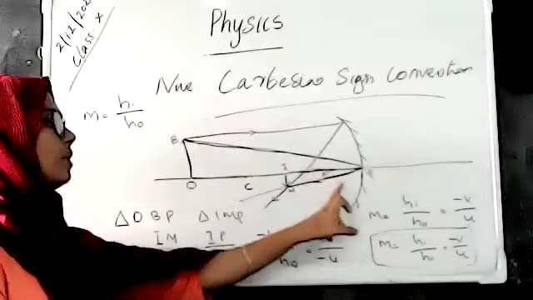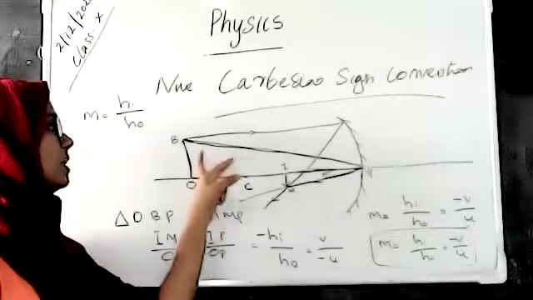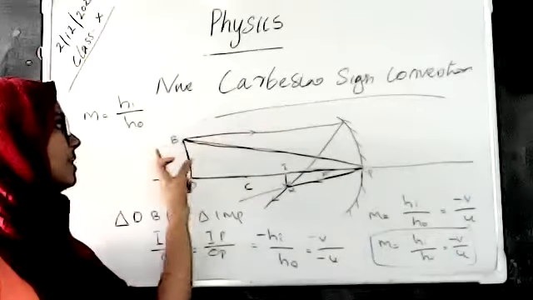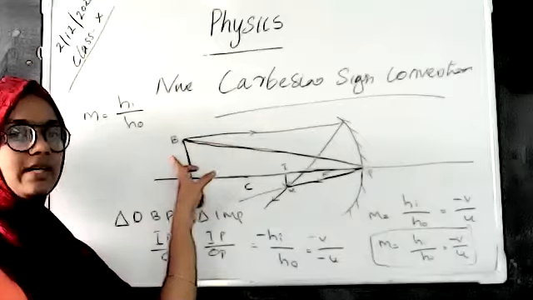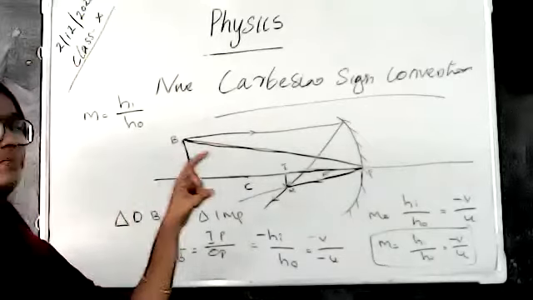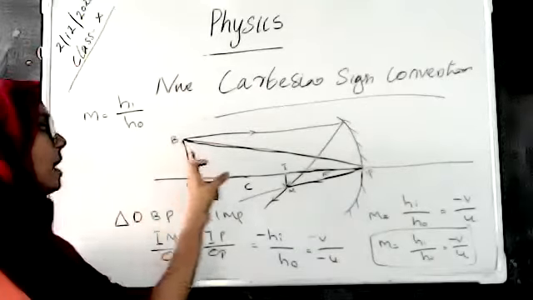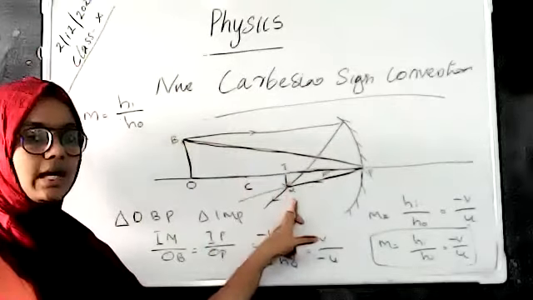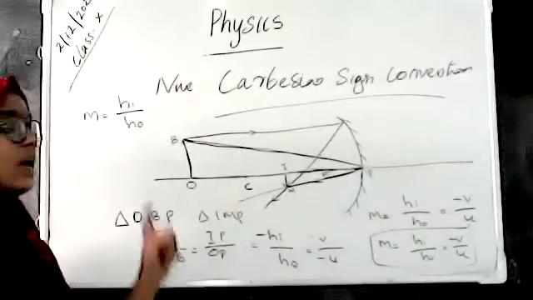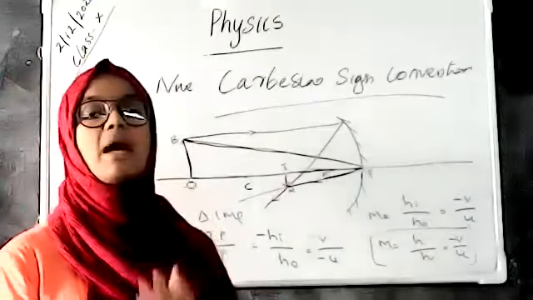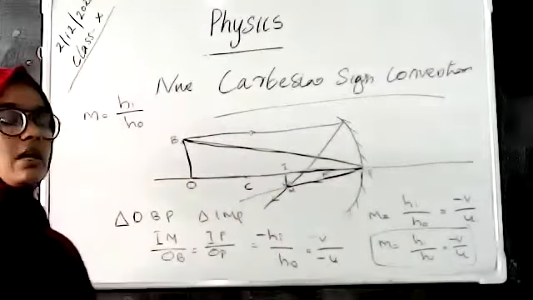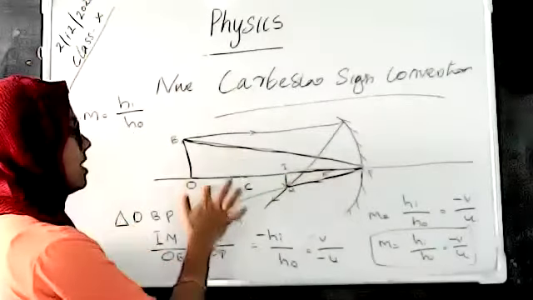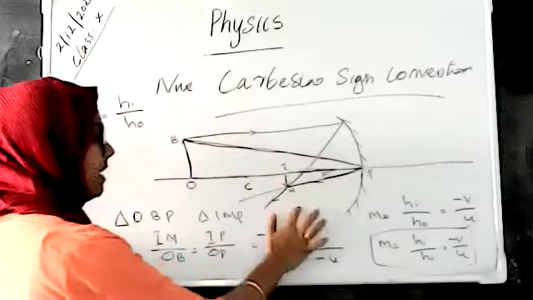In a concave mirror, there are two rays coming from a source of light, and the source of light or the object is taken as OB, and those two rays form an image that is taken as IM. To find the relation between the magnification and the heights of the image and object, we consider two triangles, OBP and IMP.